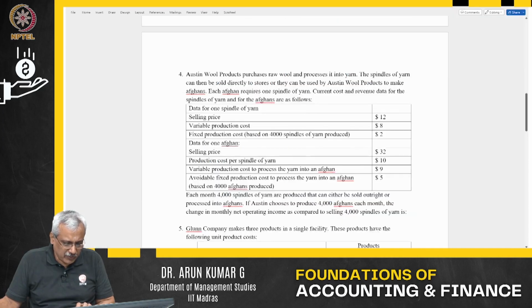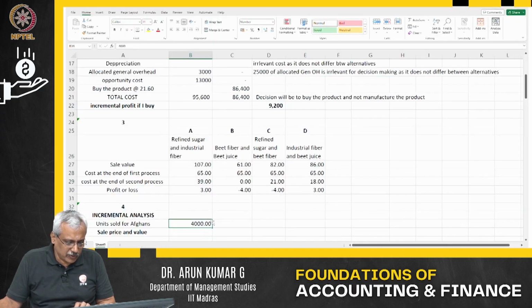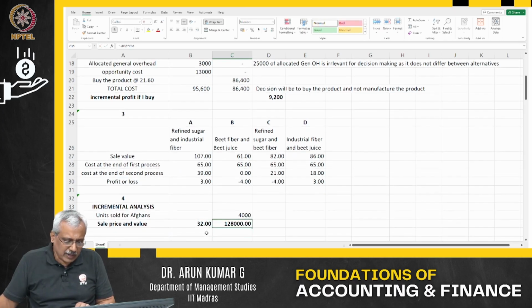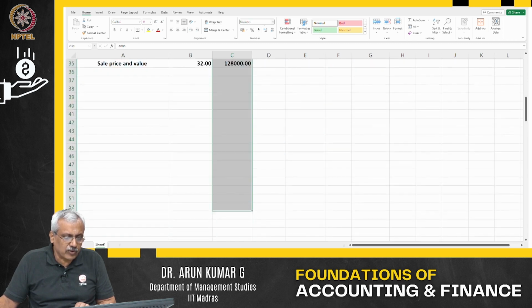As you saw, the price per unit is $32. So, it is $32 into my number of afghans, 4,000 units. I am going to make about 1,28,000 if I sell 4,000 afghans.